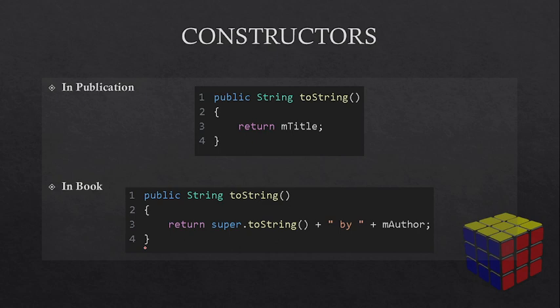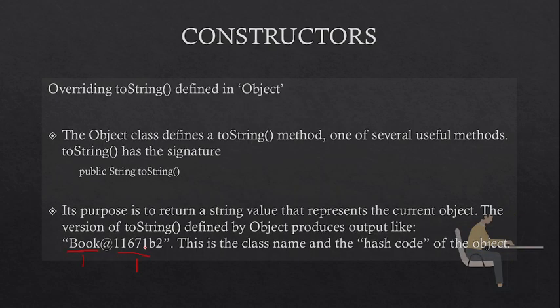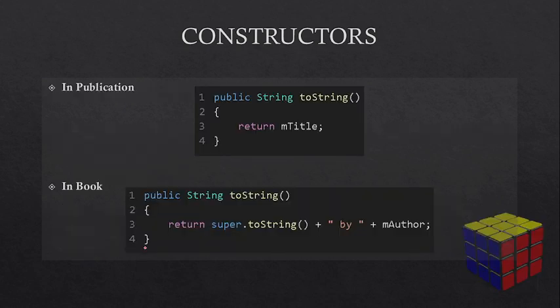So in your publication, so you can do your simple override. Diba? To string, you can define a to string nga function. So this, when override, so hindi na ma-display ang book at 11671b2, but we will return the title of your publication na lang. So also, we can override this method in your subclasses. So for example, sa book and then sa magazine.